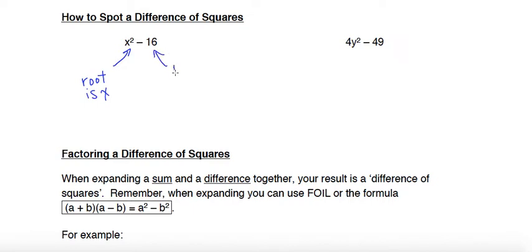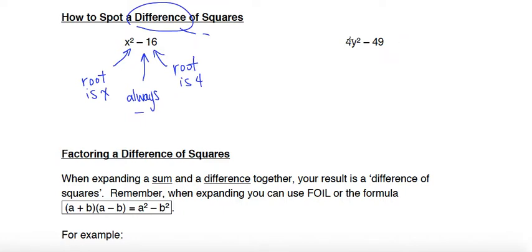The root of 16 is 4. 4 times 4 gives me 16. So that's a perfect square. And it's always a subtraction sign, always minus in between those two. If this was a plus sign in between, this would not be a difference of squares. The word difference means subtraction. So let that be the key to help you remember.